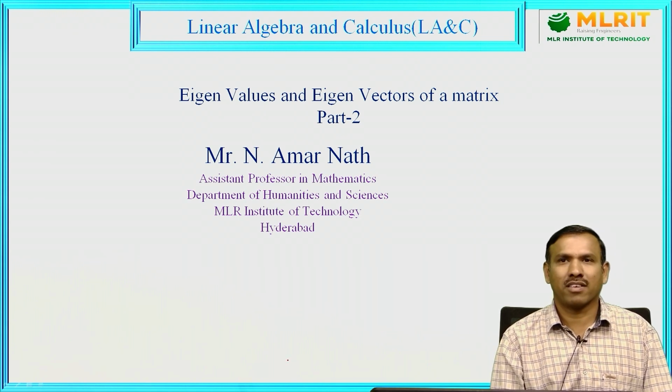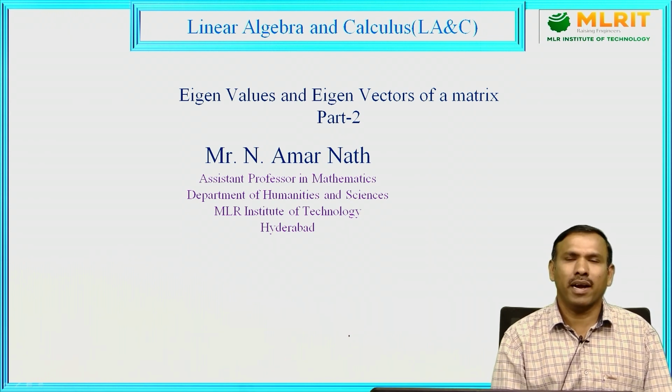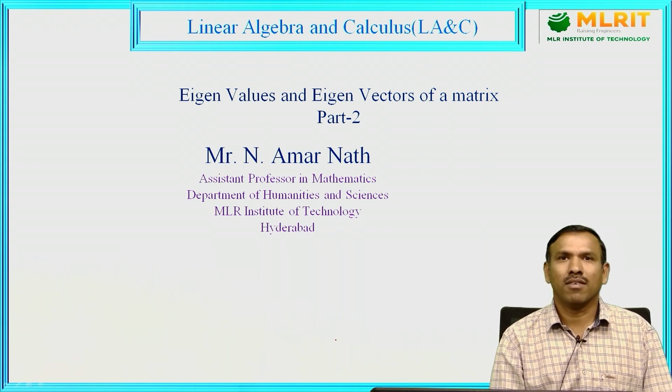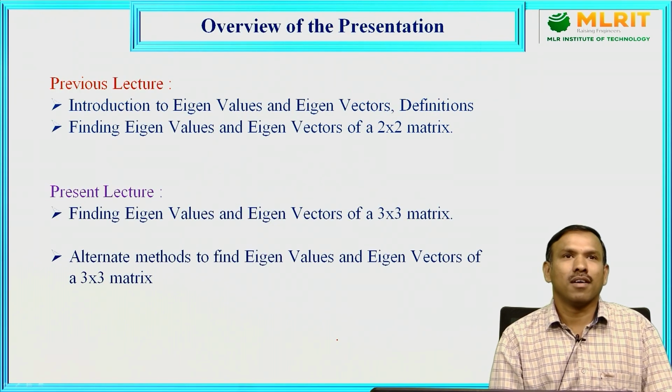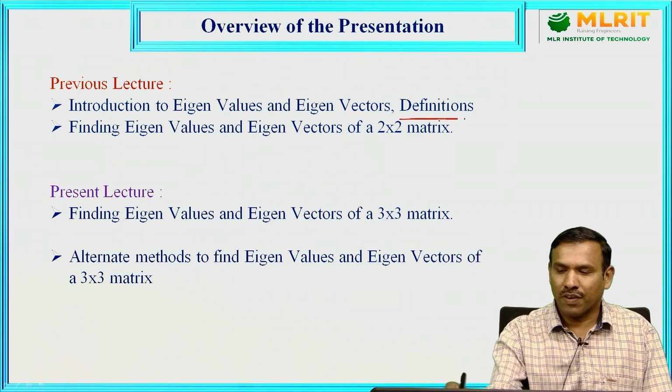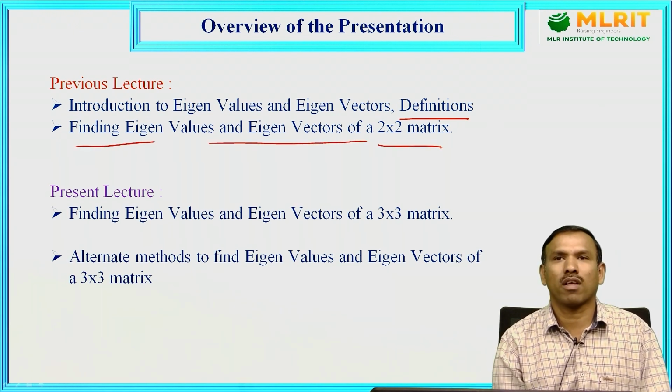It is the second lecture, a continuation on the eigenvalues and eigenvectors of a matrix. Subject name: linear algebra and calculus. In the last video lecture, we studied the eigenvalues and eigenvectors concept, the definitions, and how to find the eigenvalue and eigenvector of a 2 cross 2 matrix.